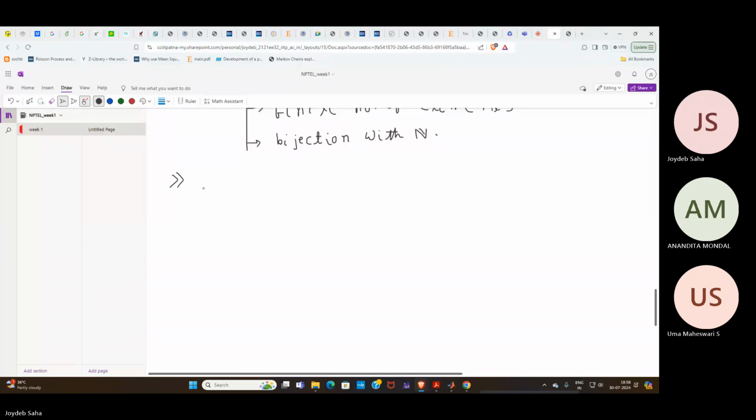There is a set E, this is the set of positive even integers. So is it countably infinite?